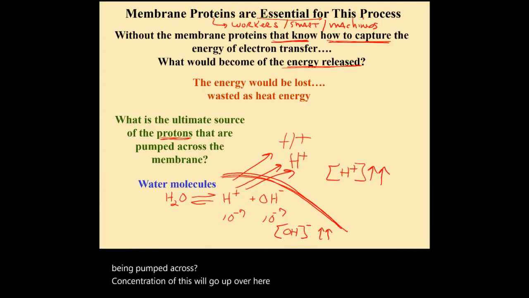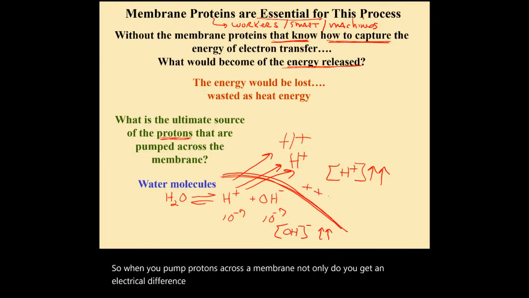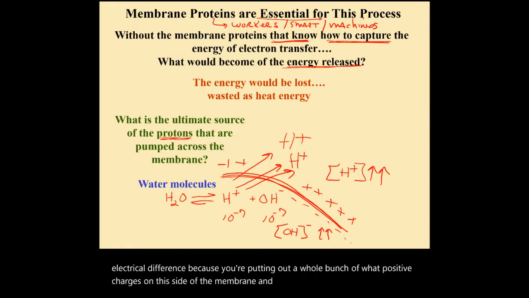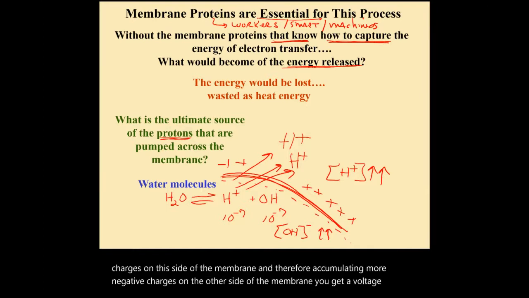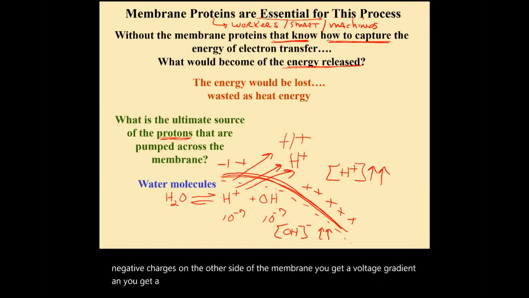Right? So when you pump protons across a membrane, not only do you get an electrical difference because you're putting out a whole bunch of what? Positive charges on this side of the membrane, and therefore accumulating more negative charges on the other side of the membrane, you get a voltage gradient and you get a concentration gradient with the hydrogen protons.